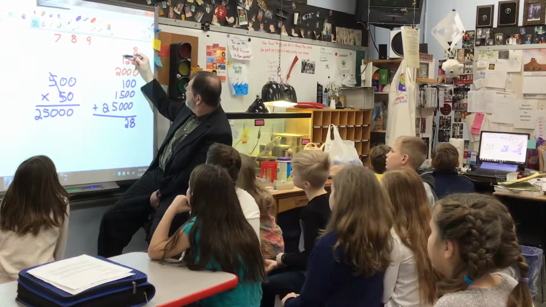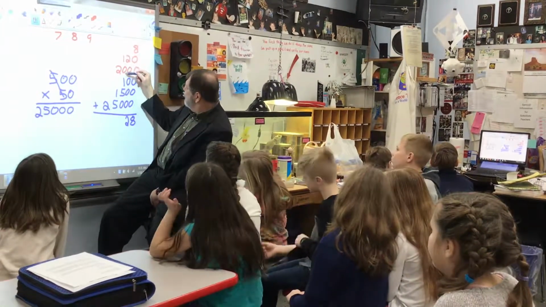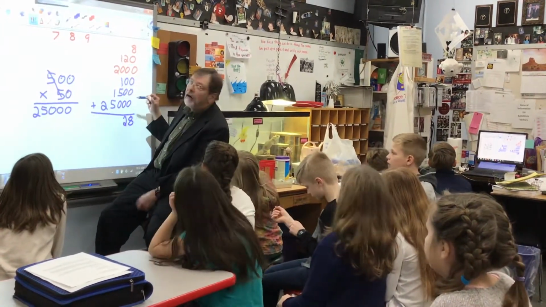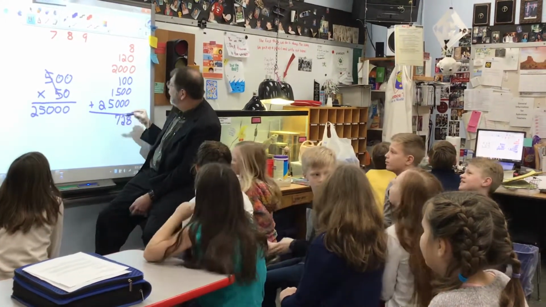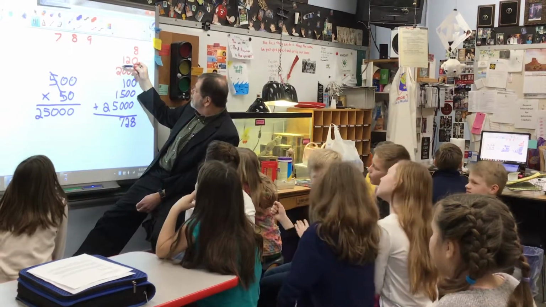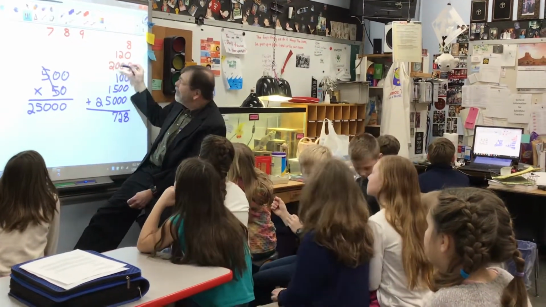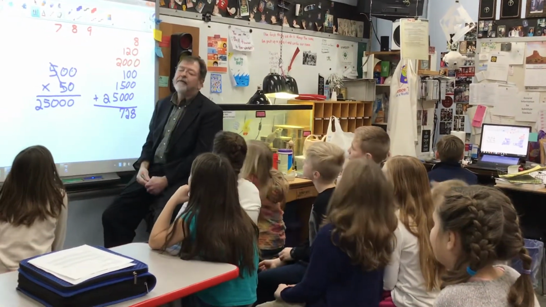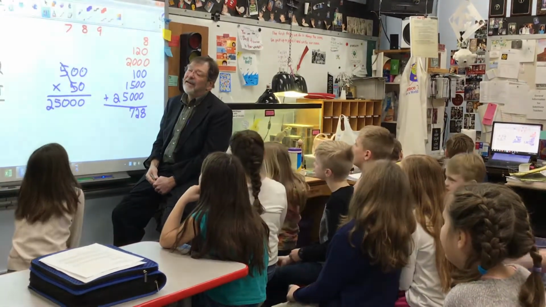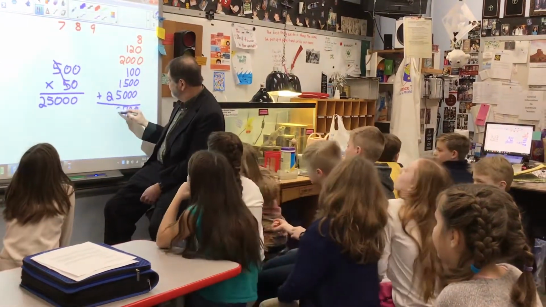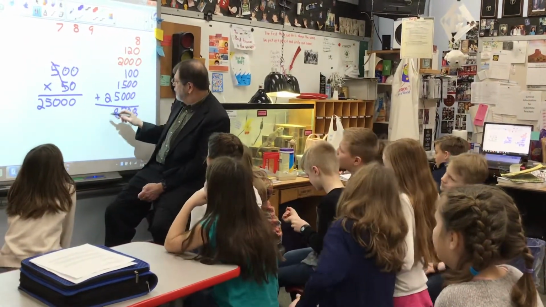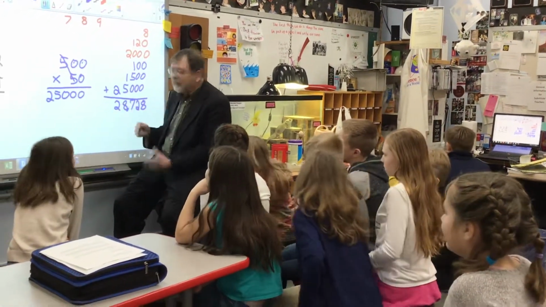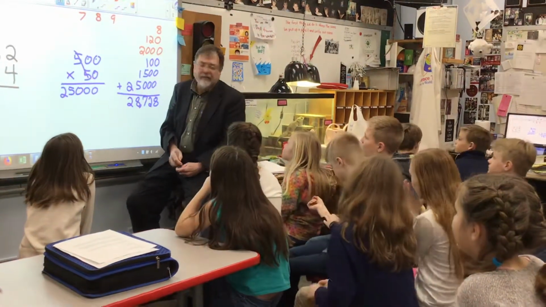Okay, over to the hundreds column. 1 plus nothing plus 1 plus 5. 7. 700. Hundreds. 2 plus 2 plus 1 plus 5. 8. 8,000. 20,000. Okay, 20,000. Nice job.